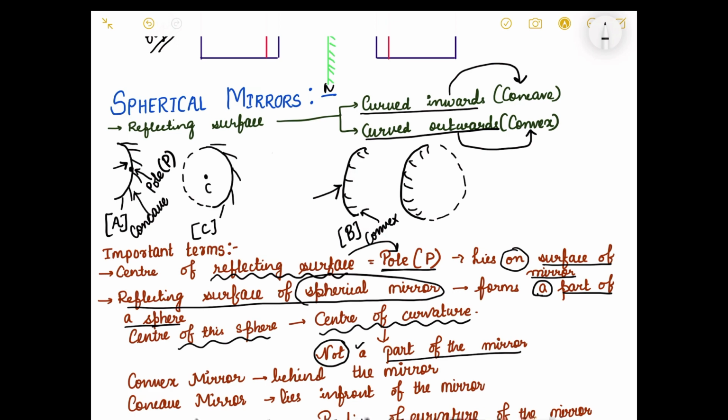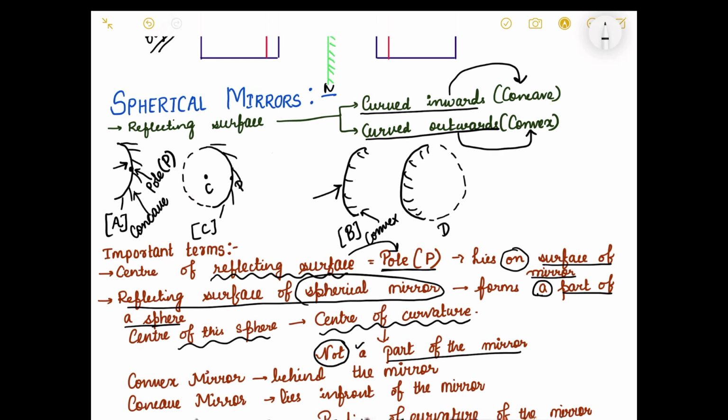Suppose this is the center, it is the center of curvature. As is clearly visible in the diagram, the center of curvature does not lie on the spherical mirror. So, the center of curvature is not a part of the mirror, but the pole is a part of the mirror. Suppose this is the pole P.